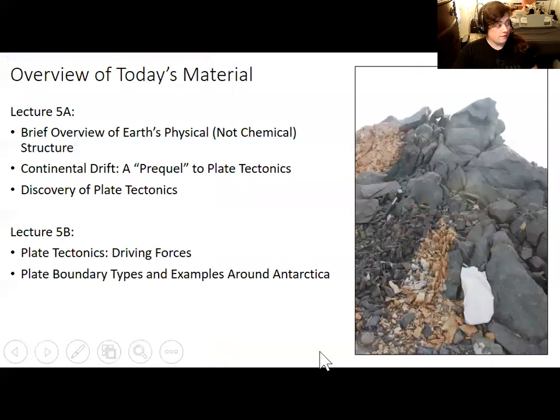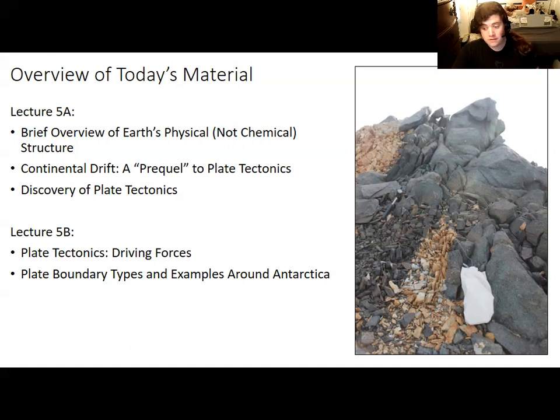Today's topics flow right from one to the other, and I'll briefly outline the different physical layers of Earth to set us up for the concept that Earth is made of different plates that move, at least at its surface. We'll talk about how, before that was understood, scientists used bits of evidence to come up with the theory that Earth's continents have not always been where they are today.